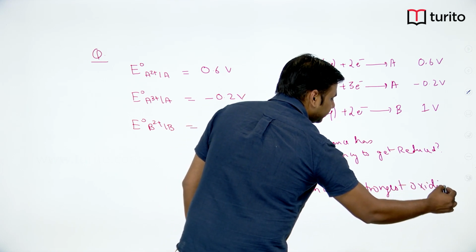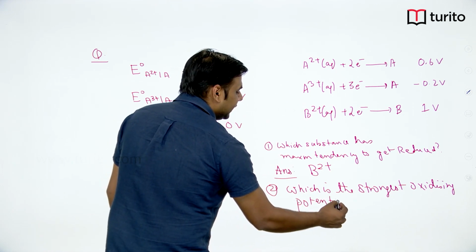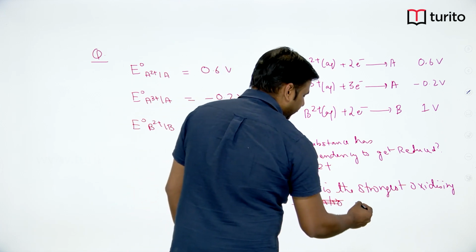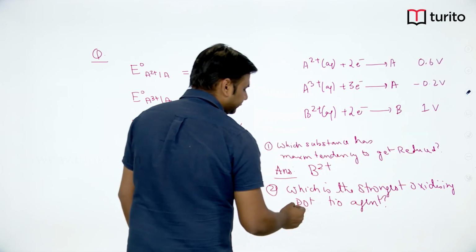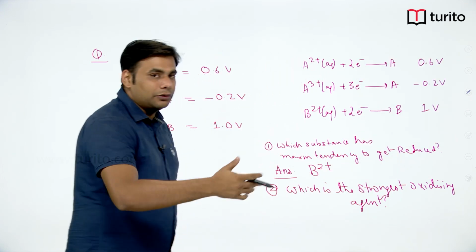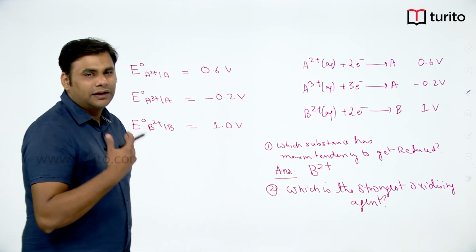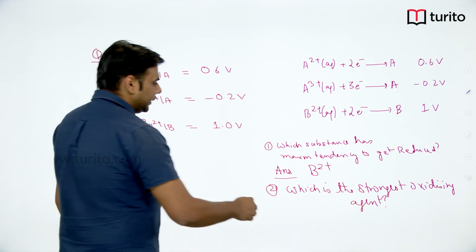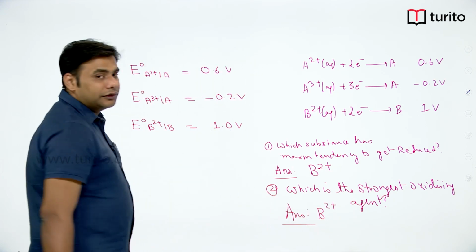Again we can say that the substance that can easily get reduced will act as the strongest oxidizing agent. The substance which can get easily reduced will act as a strongest oxidizing agent. So the answer again would be B2+. Hope this is clear to you.